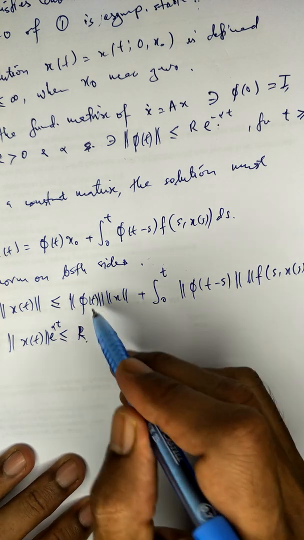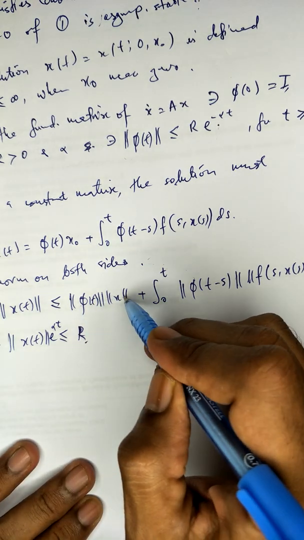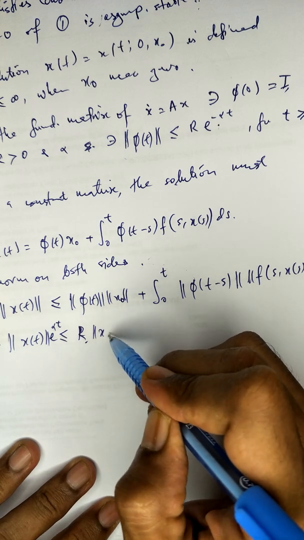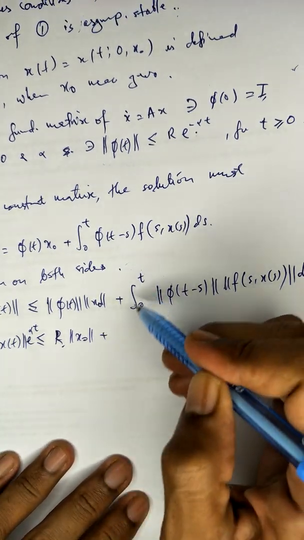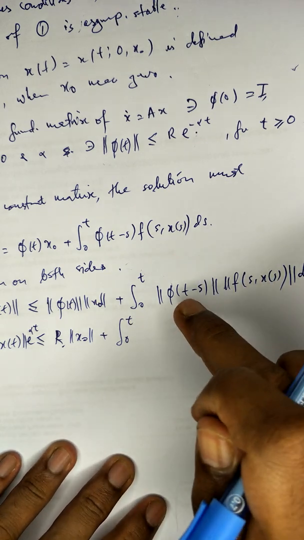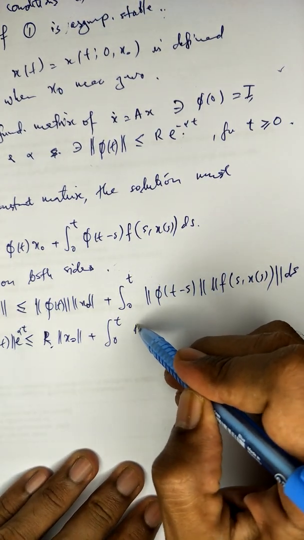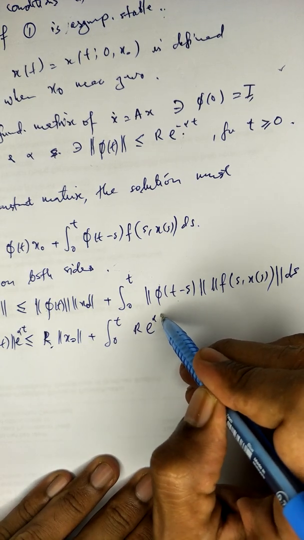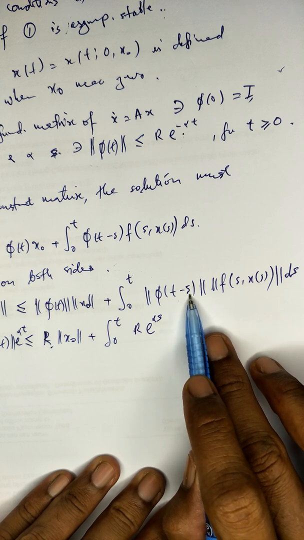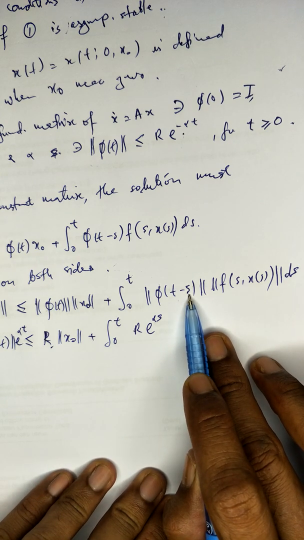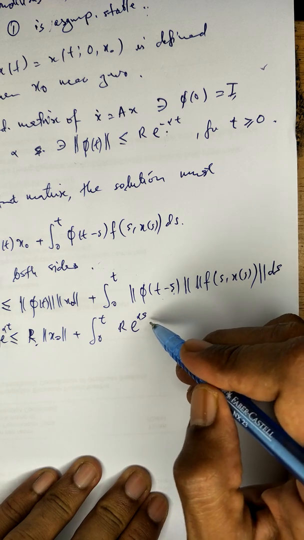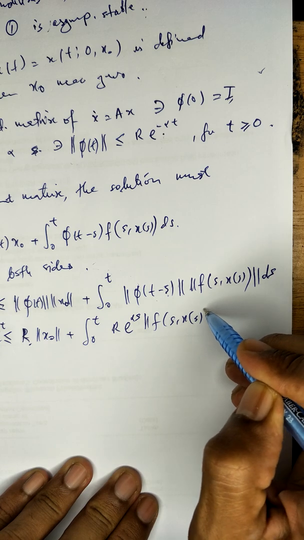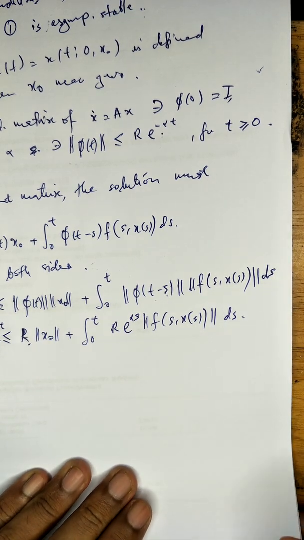What is left on the right side is r times x naught, plus the integral from 0 to t of r e to the alpha s, with respect to the variable s, times f(s, x(s)) ds.